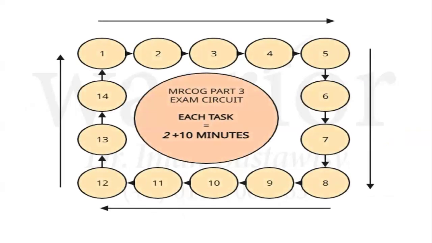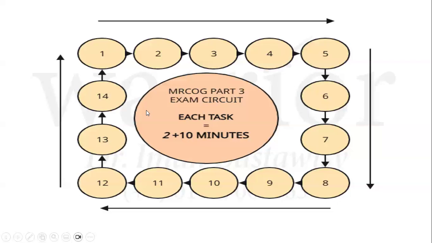Now let's imagine these stations. There are 14 stations. Each candidate will start with one station and will end the exam with the previous one. So, for example, a candidate who starts at station number 6 will have station number 5 as the last station.